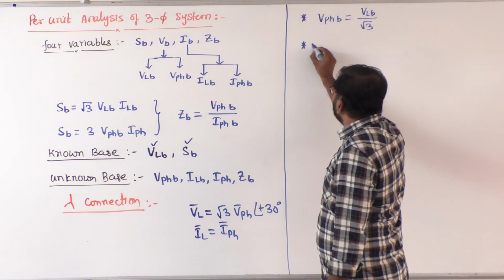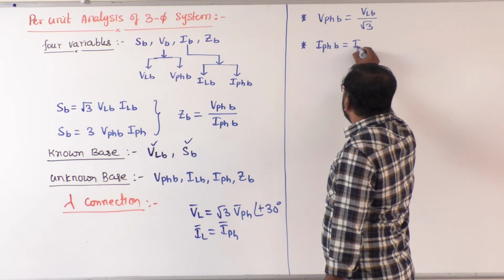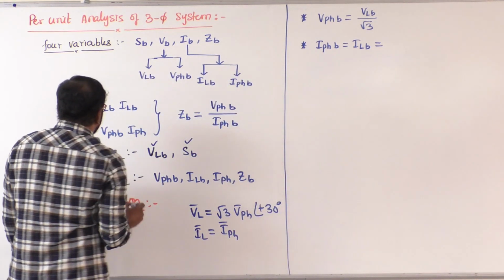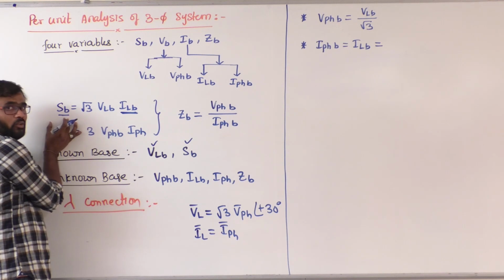Then what is I phase base? That is equal to I line base. Now what is I line base? See from here sir, have a look. I line base equals S base by √3 times the V line base.